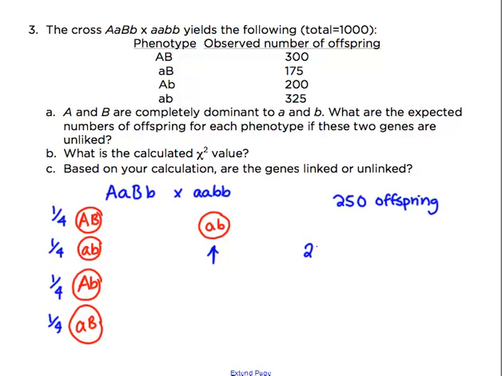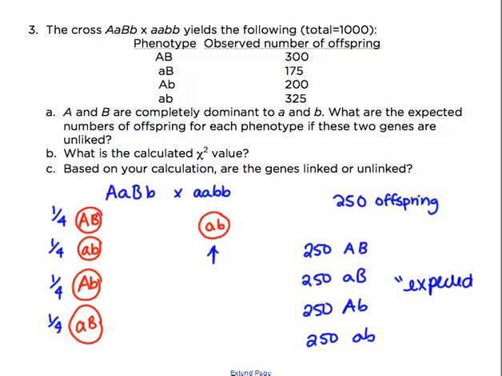So you would expect 250 big A, big B, 250 little a, big B, 250 big A, little b, and 250 little a, little b. So for chi-square, these are our expected numbers. Okay? So we'll write 250 for all.